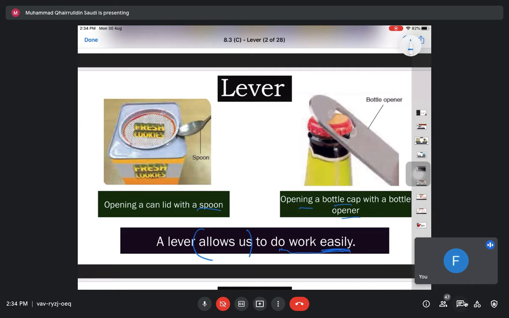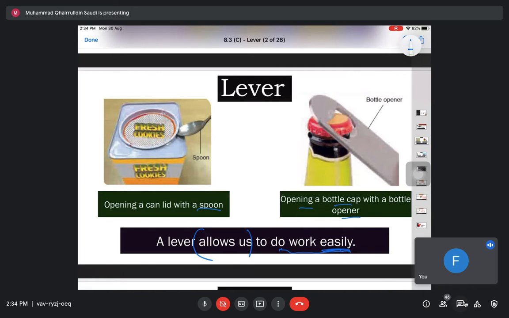Imagine if you want to open a can lid. Nak buka tin biskut yang rapat tu guna tangan je. It will be harder for you because your hand cannot go inside the space between the can lid and the can.